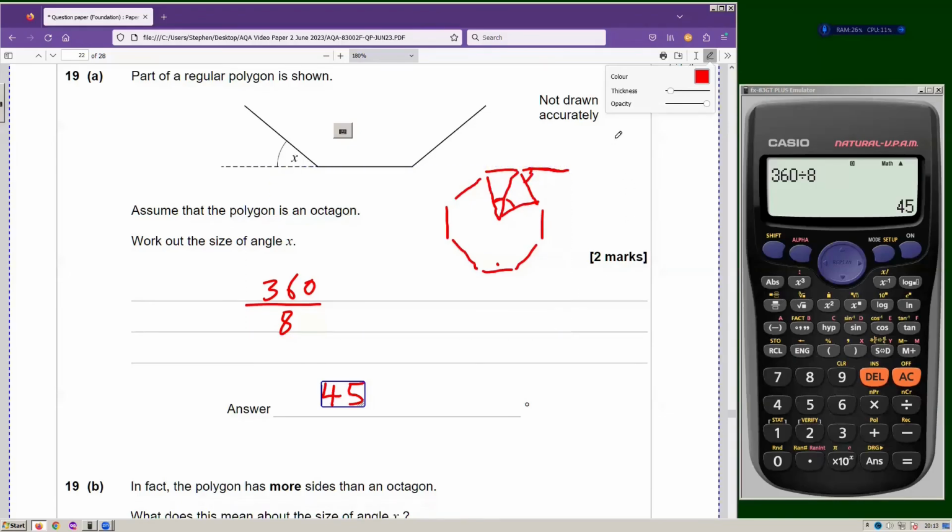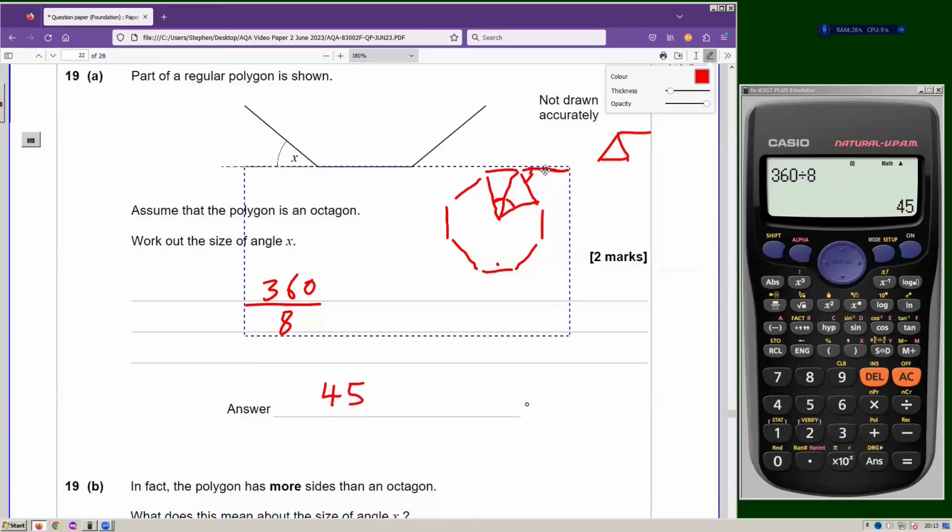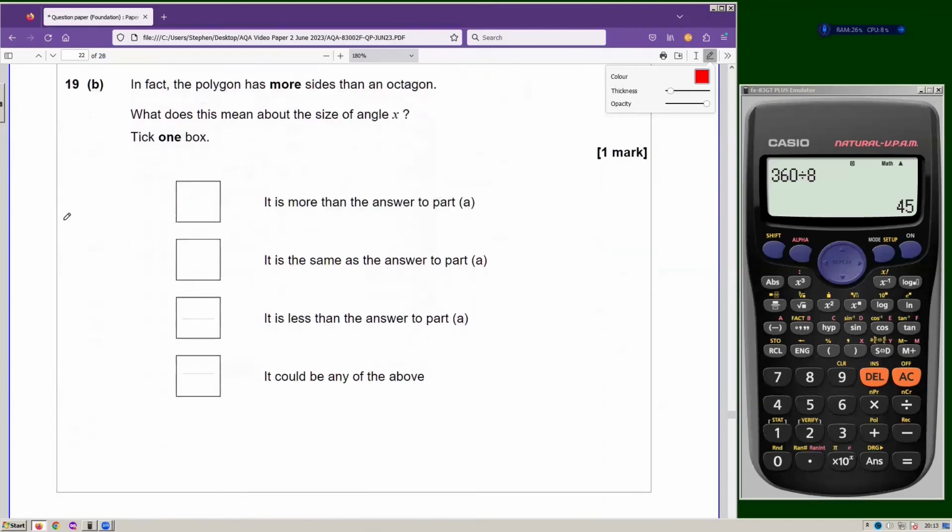Imagine if you had a triangle there. This angle is a lot bigger than this one in here. So the more sides you have, the smaller this angle gets. So it is less than the answer to part A.